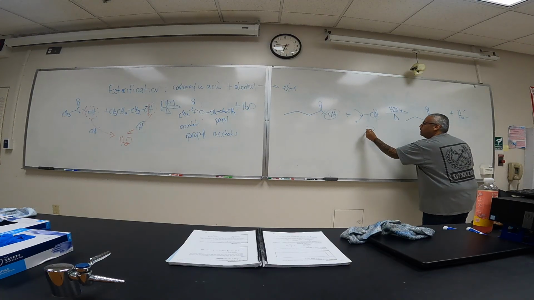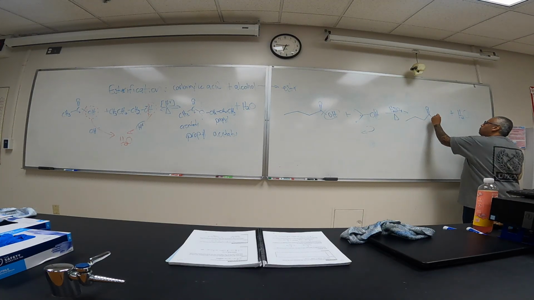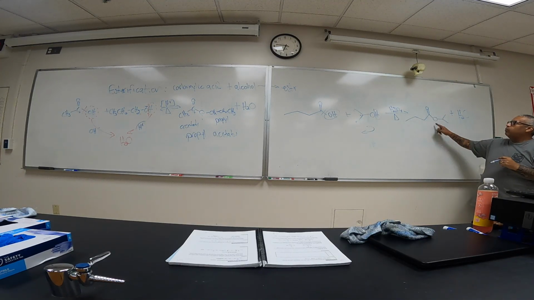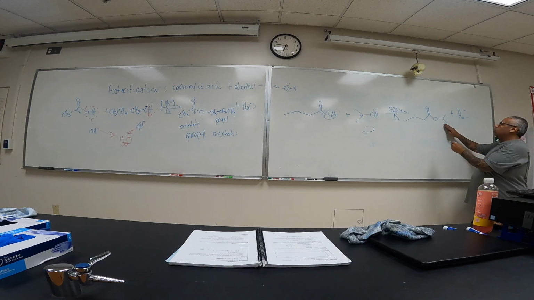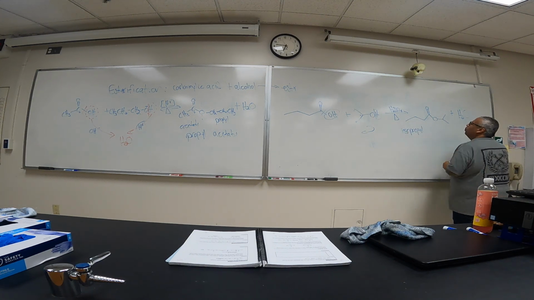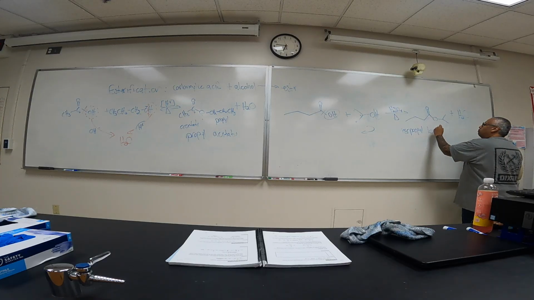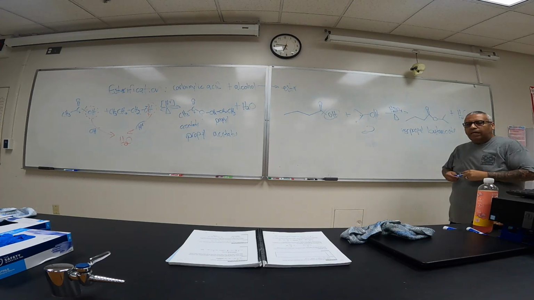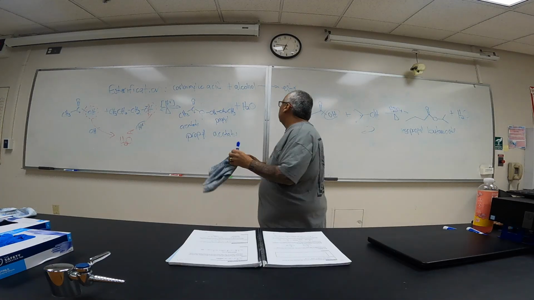We're going to spin this around. I'm going to bond my oxygen to that. And here we have our ester. So this is isopropyl butanoate.